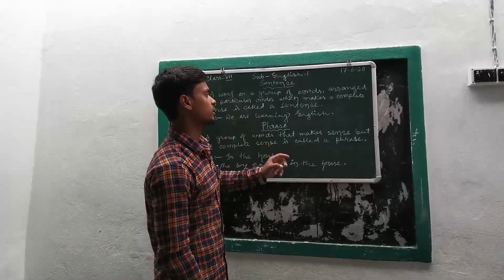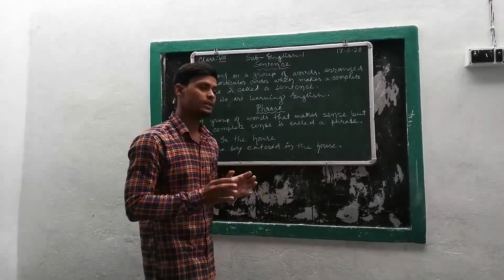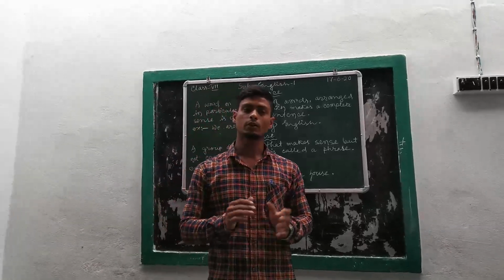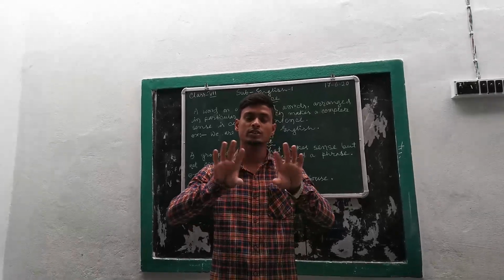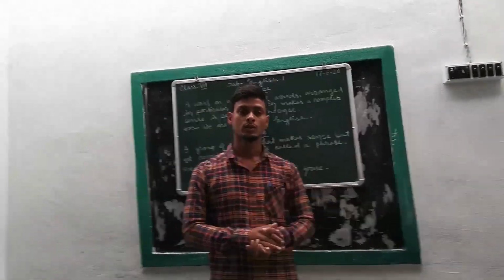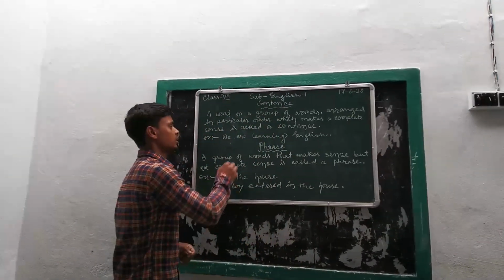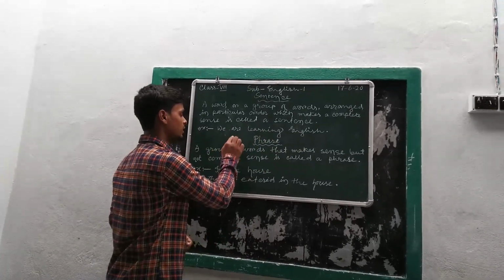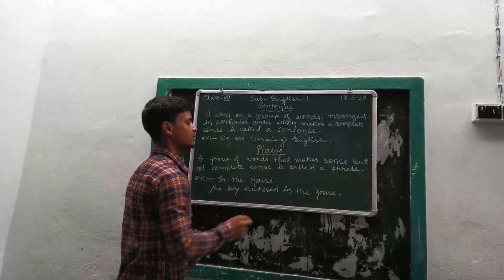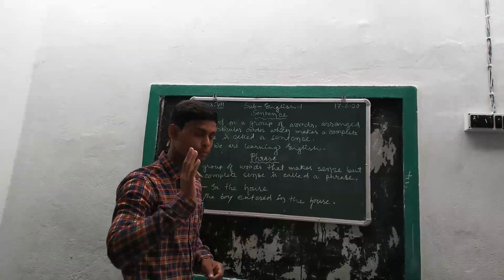The second step, you have to remember, only by taking words, you cannot make a sentence. For making a sentence, you have to arrange them in a particular order. Suppose I have written here, we are learning English. We, one word, are, 2 words, learning, 3 words, English, 4 words.